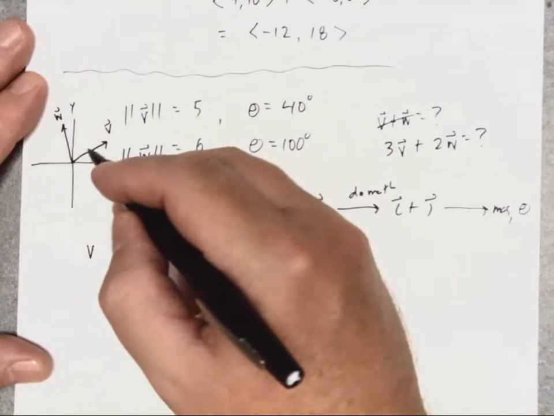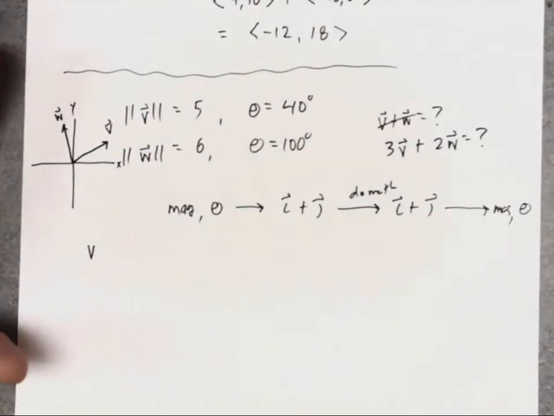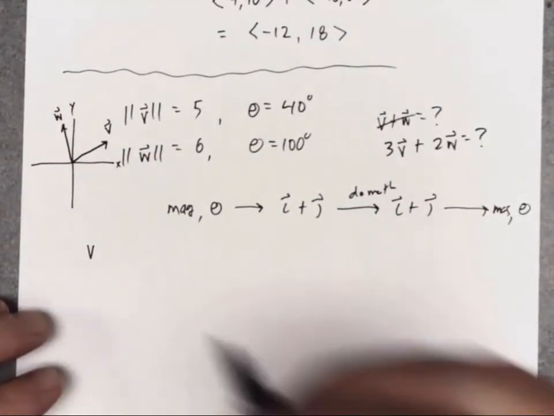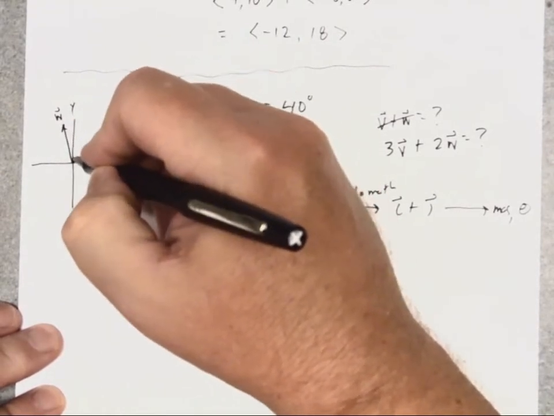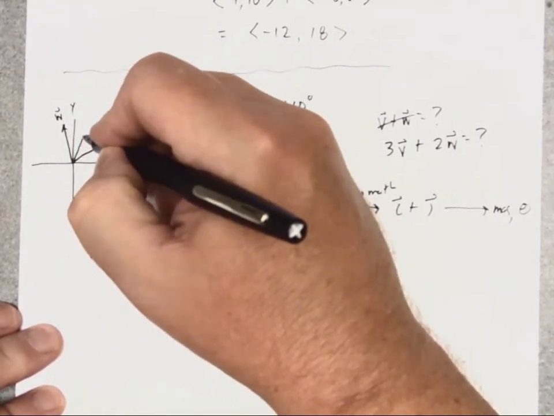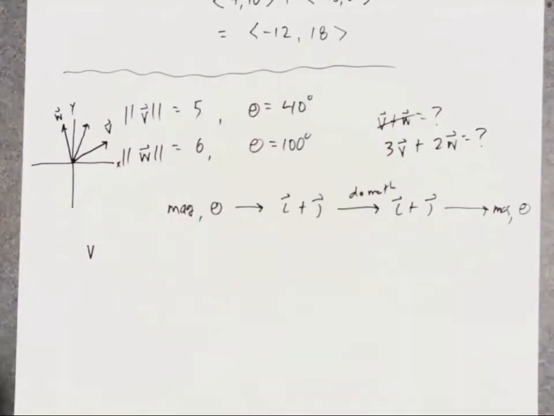If you think of these as two forces acting on that point, my guess is it's going to end up somewhere in between, something like that. So that's the answer we would expect.